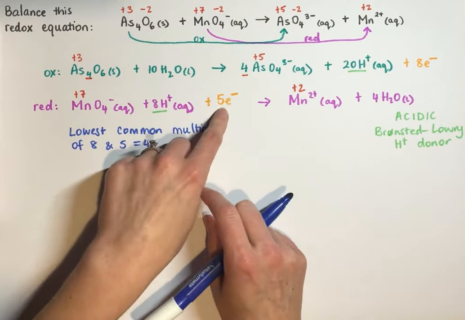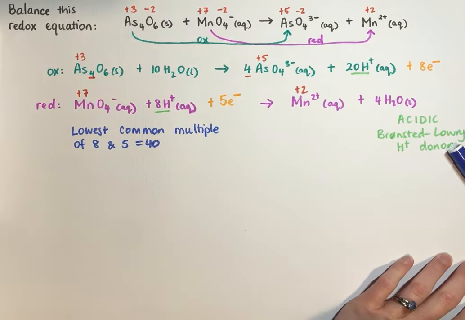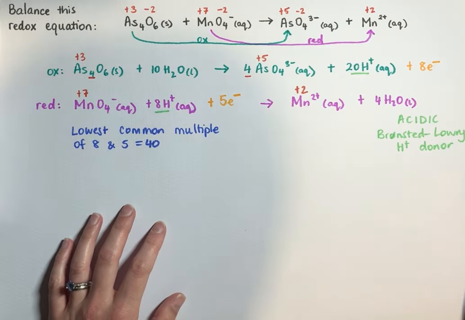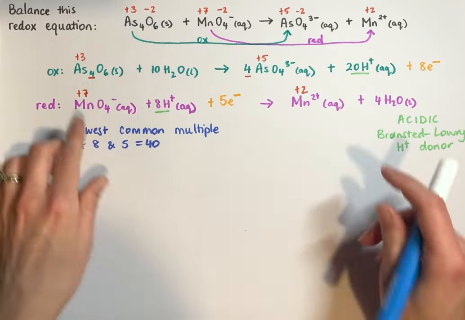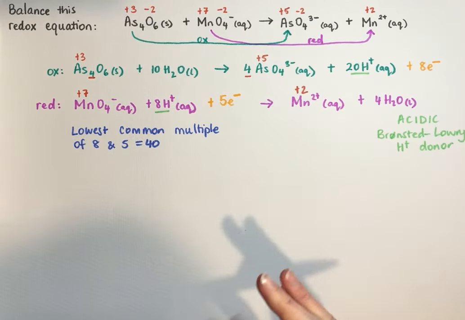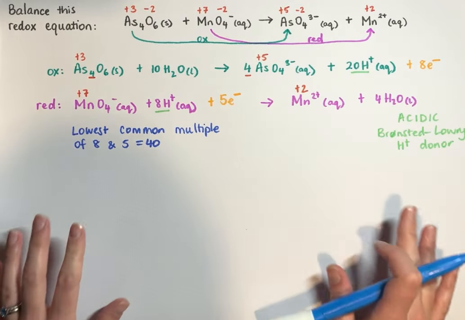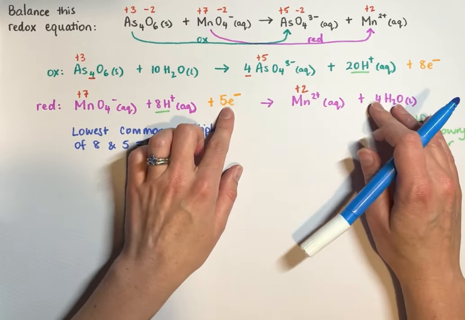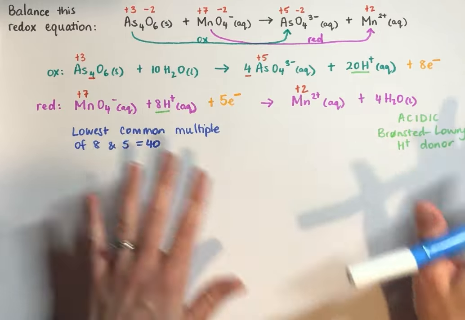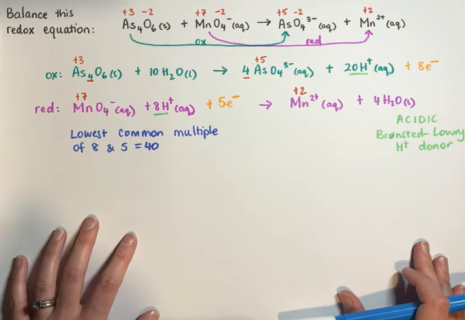So we're going for 40, going pretty big here. But it just means what we can do, and this always works anyway, when you're dealing with multiples, it just might not be the lowest one, is we take this whole oxidation step here and multiply it all by 5. And then we take the whole reduction step and multiply that by 8. And then we know we're going to end up with 40 electrons in both, and they can then cancel each other out and we can complete our equation.